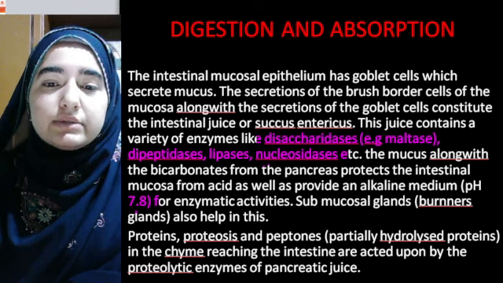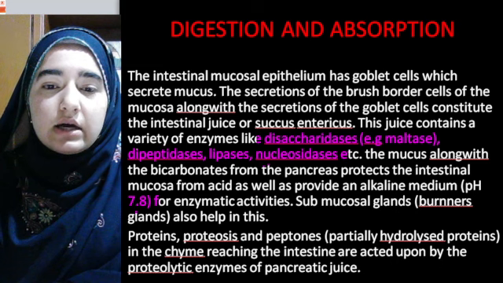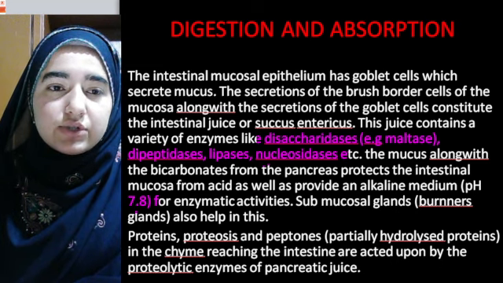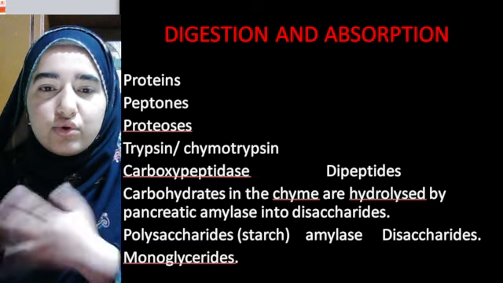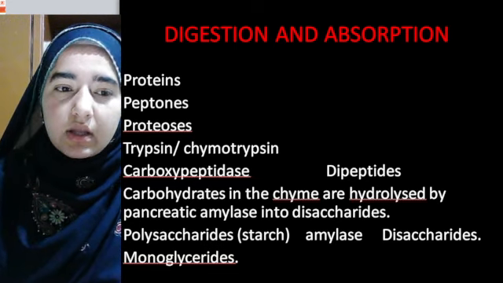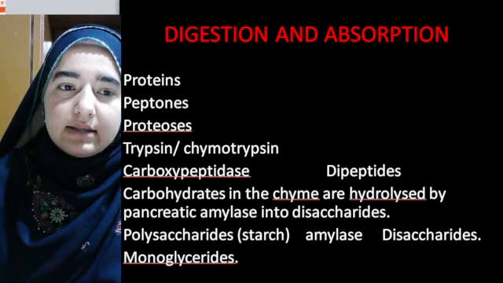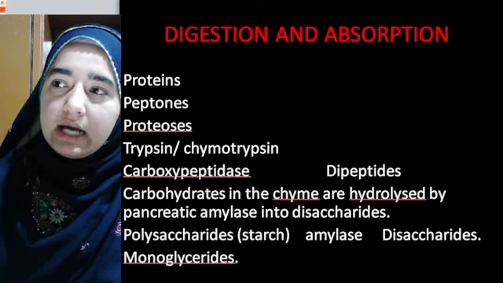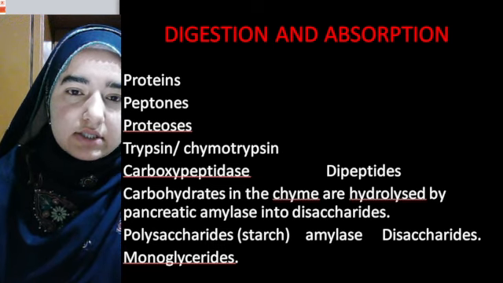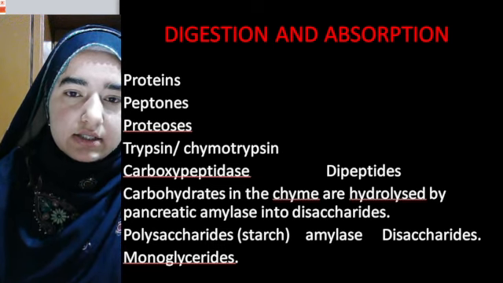Proteins, peptones, peptides and proteoses are acted upon by the many enzymes of pancreatic juice, and thus they are divided into the smallest particles. I hope this concept is clear.